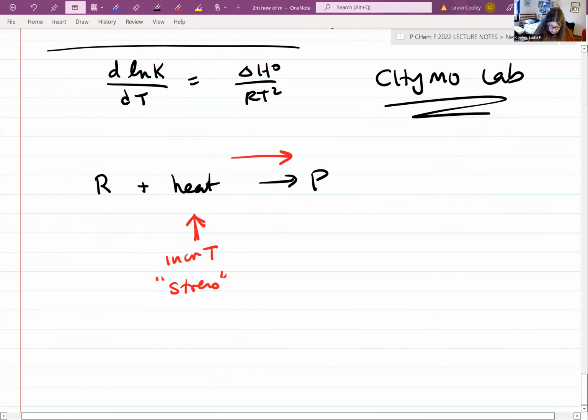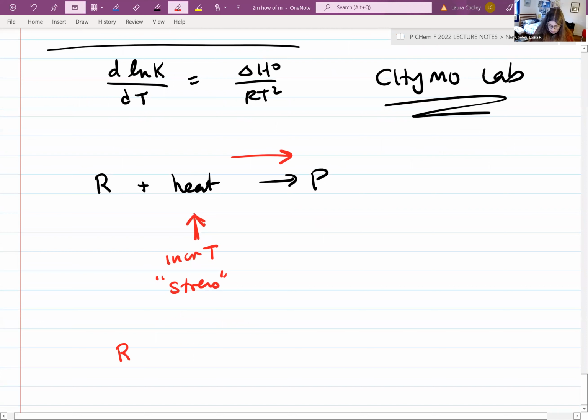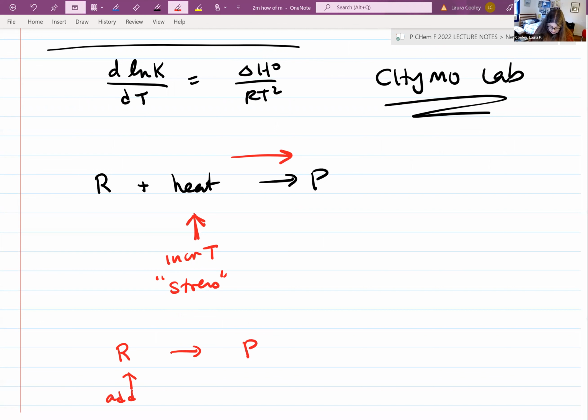If you have reactants goes to products and you add reactants, that will drive the reaction towards the products, but you will have the same equilibrium constant. When the new equilibrium is reached, it will have the same value of K. You've just altered the quantity R, so you have to alter the quantity P accordingly, but K will be the same.